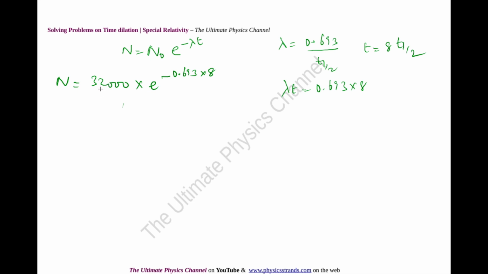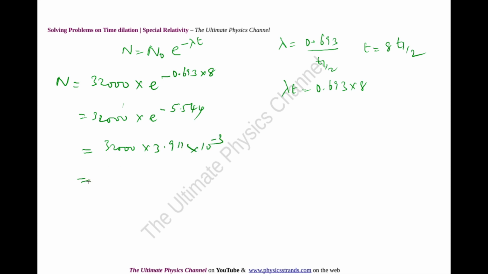So if you work out the numbers, we get 32,000 times e to the power minus 5.544, and that would be equal to 32,000 times 3.911 times 10 to the power minus 3.